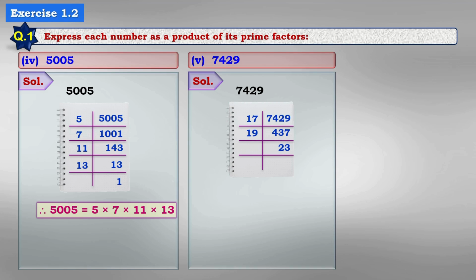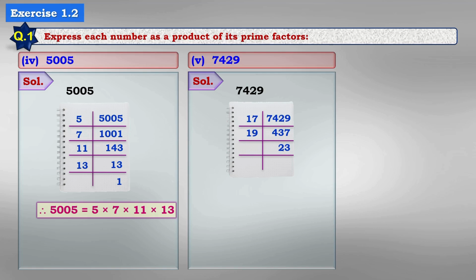The same rule goes for 9 also, but 9 we don't need to take, because 9 is not a prime number. For 11, we have to check the odd positions and the even positions of the number, and if we subtract and get 0 or a number divisible by 11, then the number will be divisible by 11. So till 11 it is very easy.